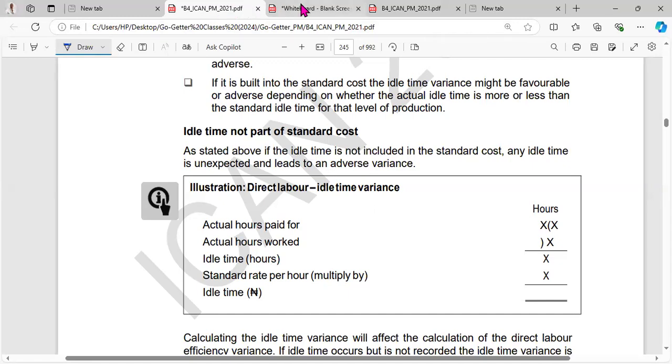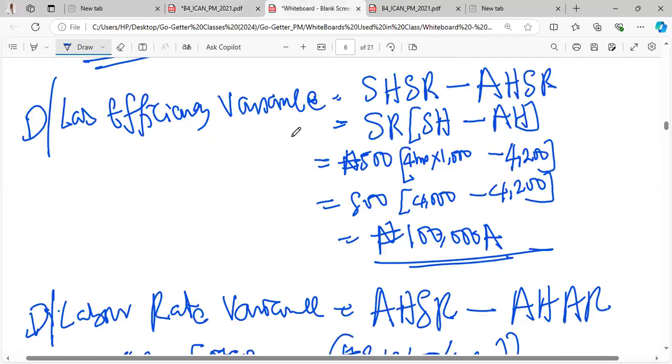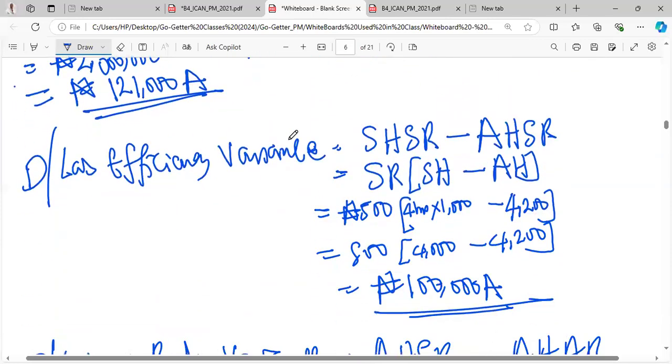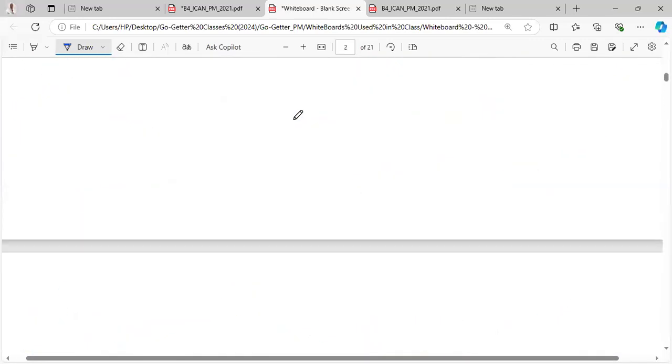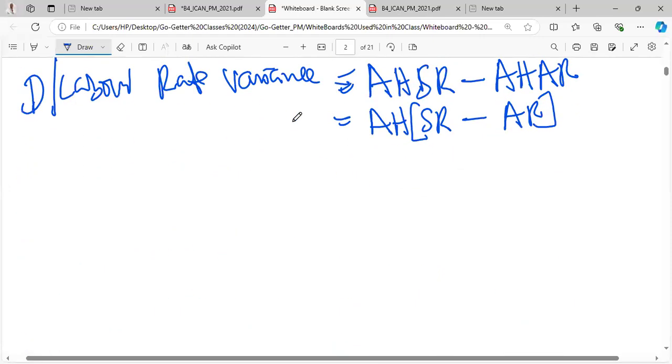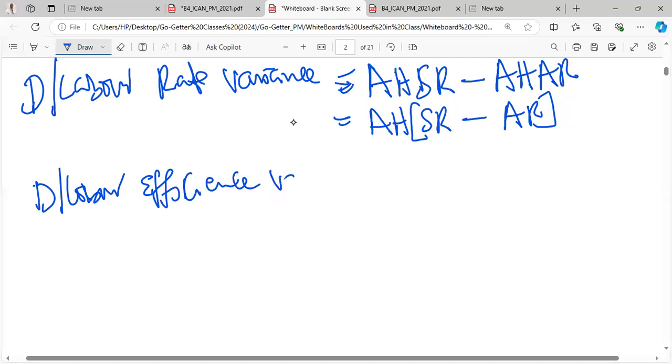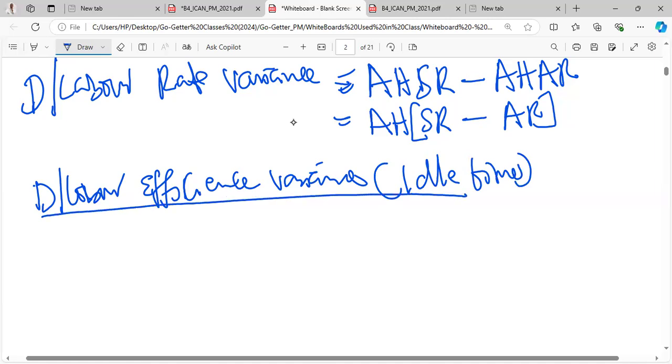So what happened here is idle time variance. This is idle time variance. If you want to calculate idle time variance, which is part of efficiency variance, direct labor efficiency variance, I will say idle time.